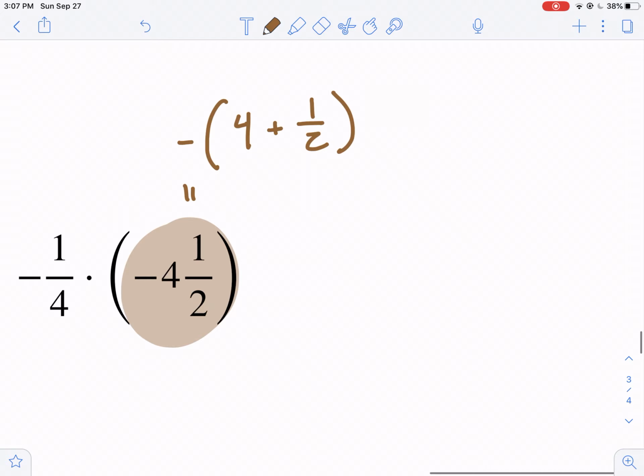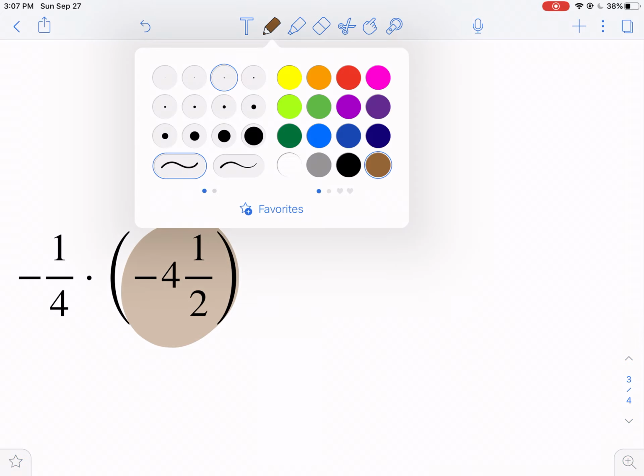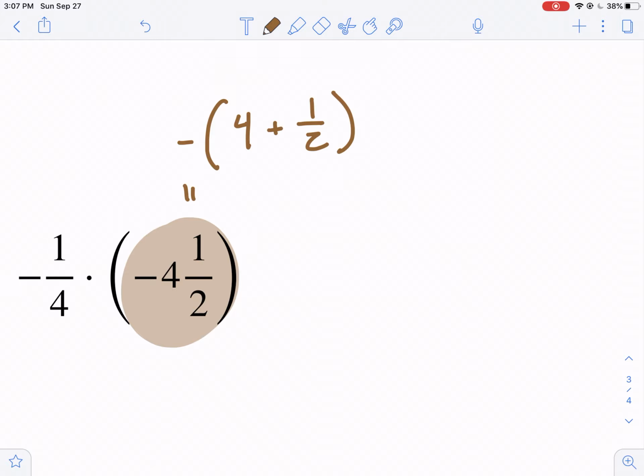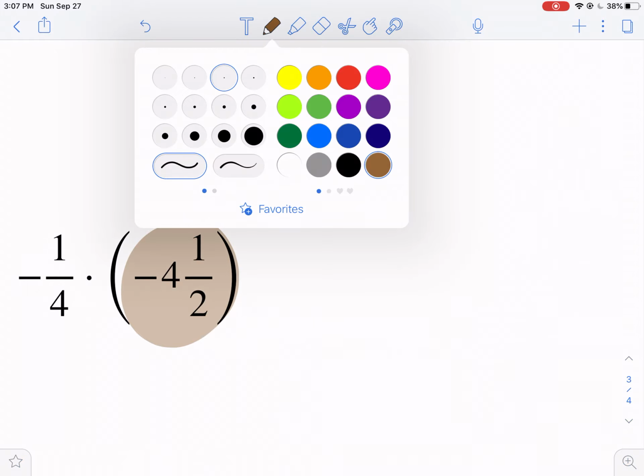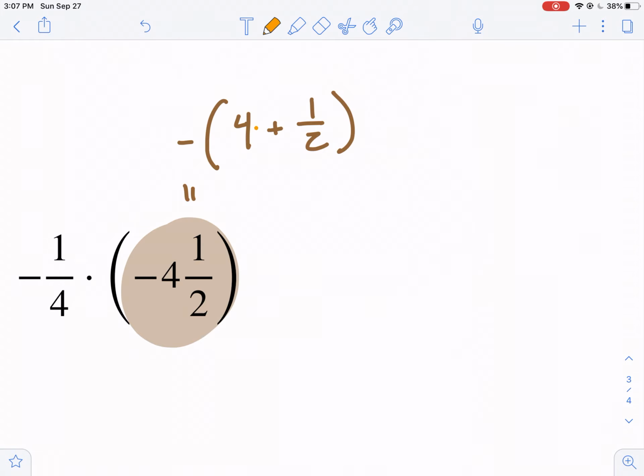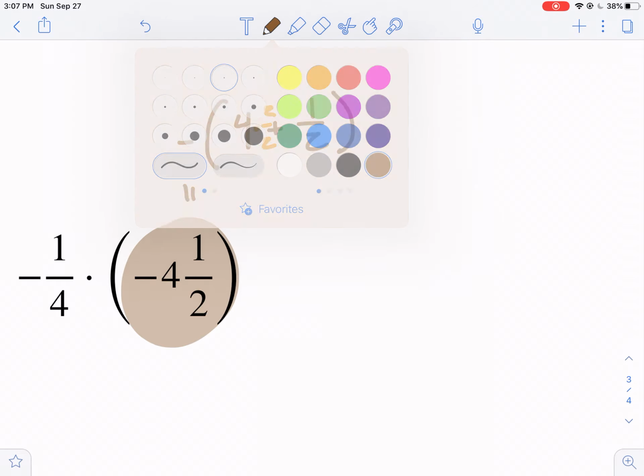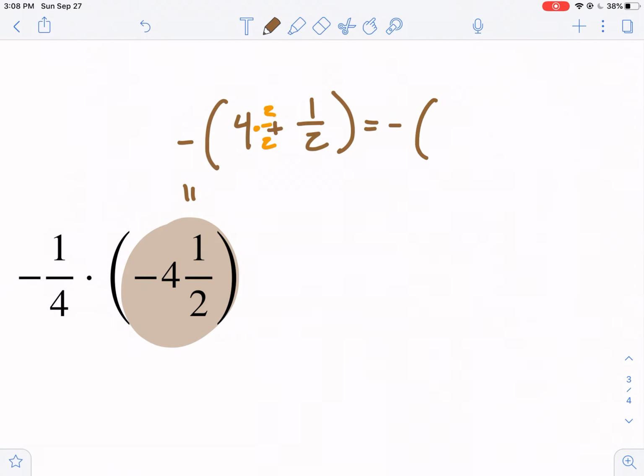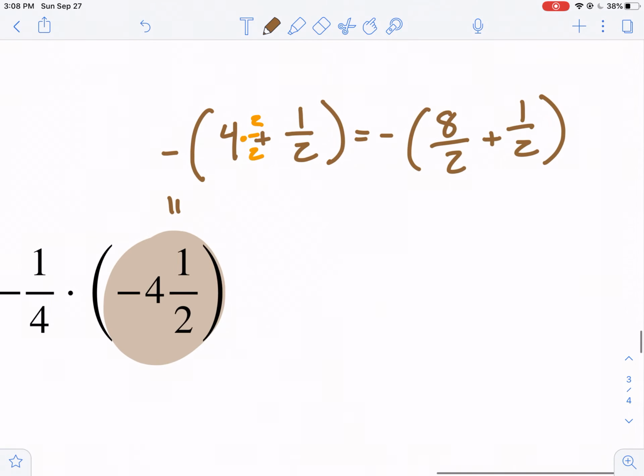We need to say, oh, 4, that's the same thing as, not 4 halves, but that's going to be 8 halves, because we're going to multiply top and bottom by 2 over 2 to get him to have a common denominator. So that's the same thing as 8 halves, because 8 divided by 2 is 4. 8 halves plus 1/2. And last time I checked, 8 plus 1 is 9, negative 9 halves.